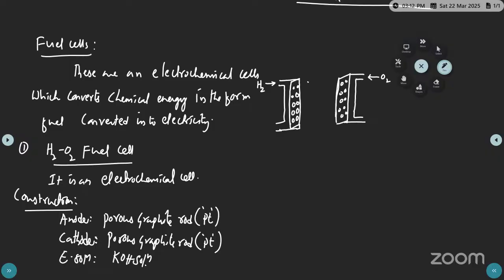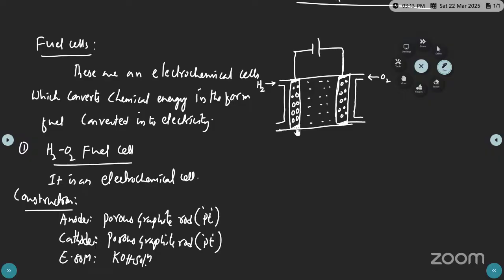So in between these two electrodes, the potassium hydroxide solution is there. Okay, so this is the arrangement of the cell.